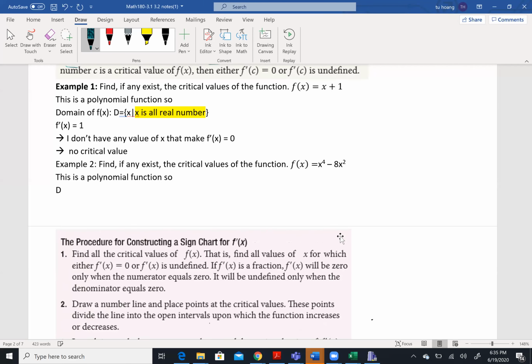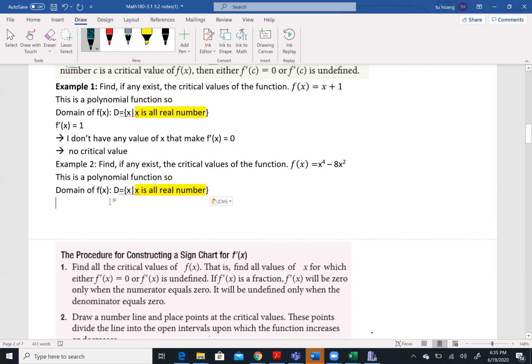So the domain of f(x) is all real numbers. Now I would like to find the derivative of f(x), f'(x).